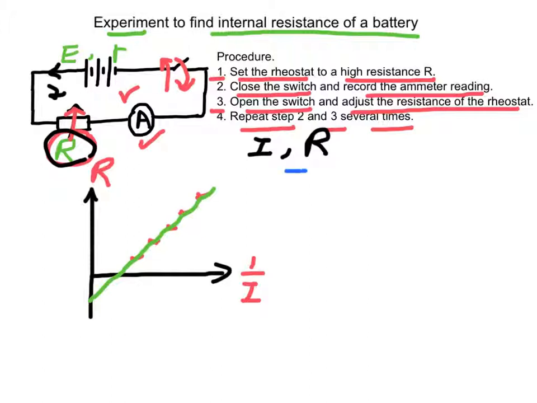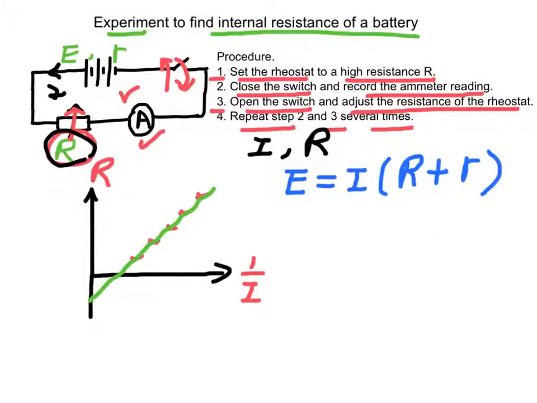Since EMF of the battery equal to the current I in the circuit times the total resistance of the circuit, which is R plus the internal resistance of the battery.